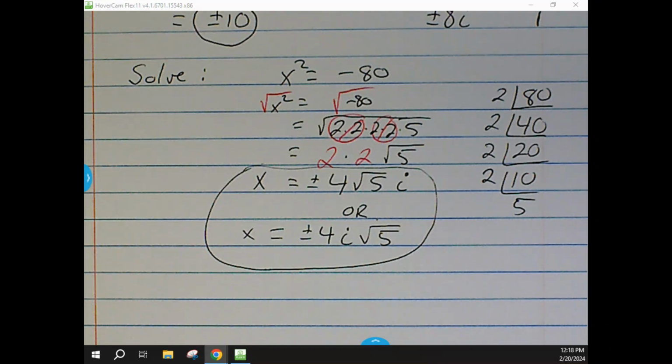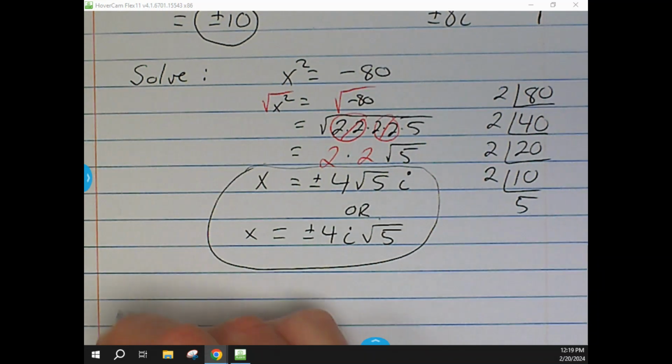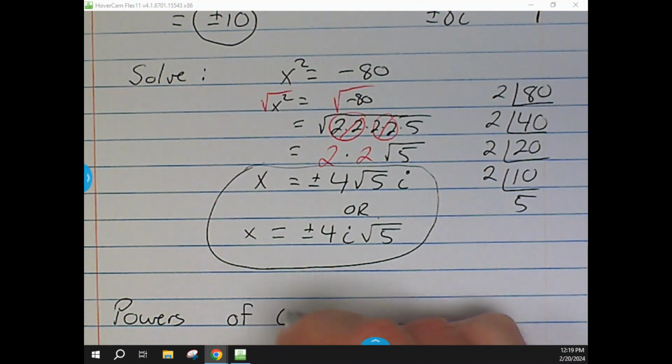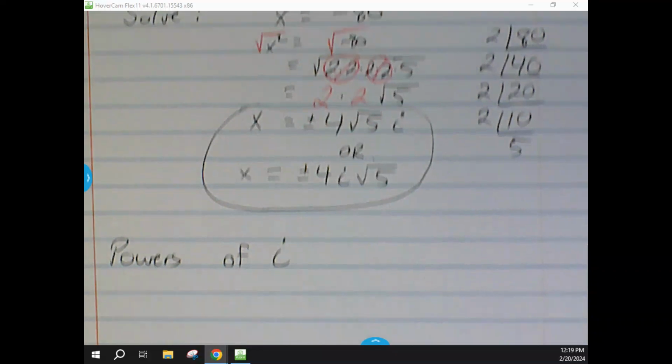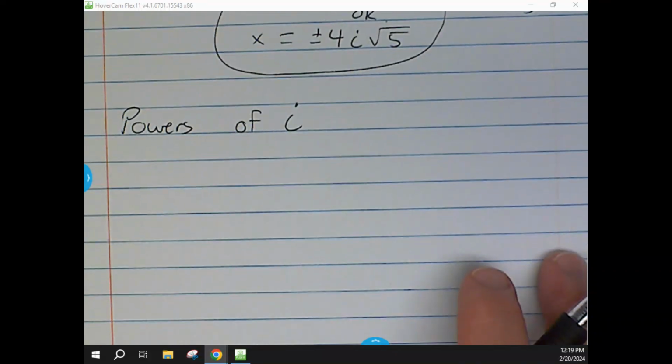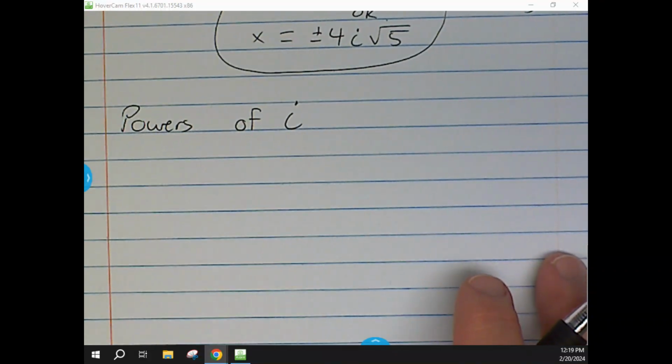Okay, and then one other thing we've got with this part for the imaginary numbers, and then we'll wrap this up for the day. The one other thing we'll talk about is powers of i. There's a trick to some of these that you'll do as you go through this part.